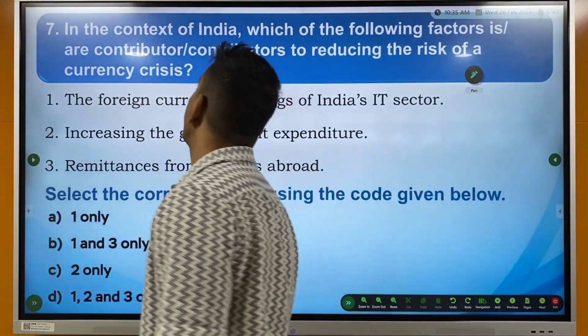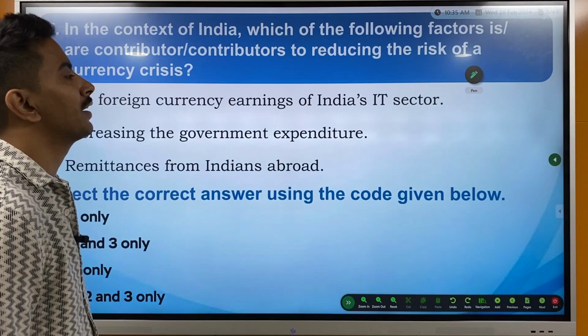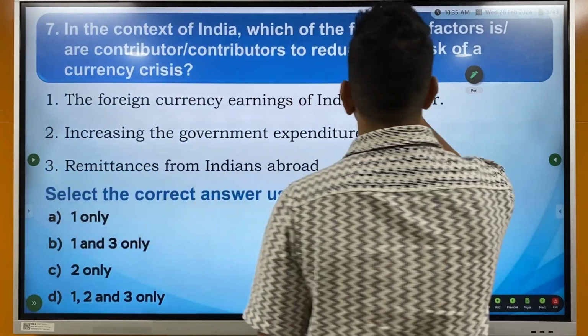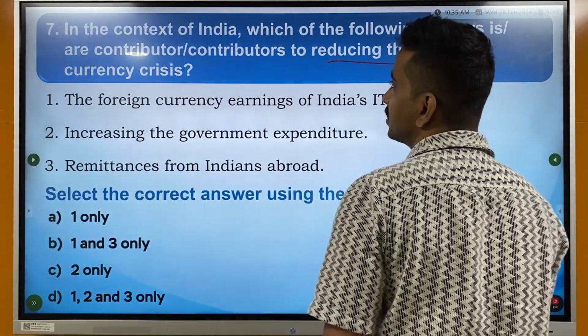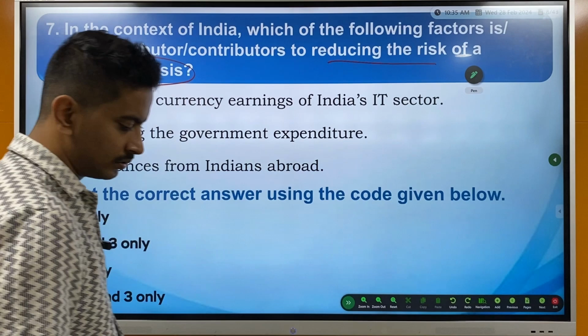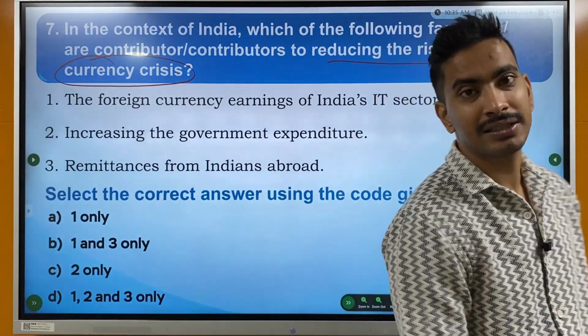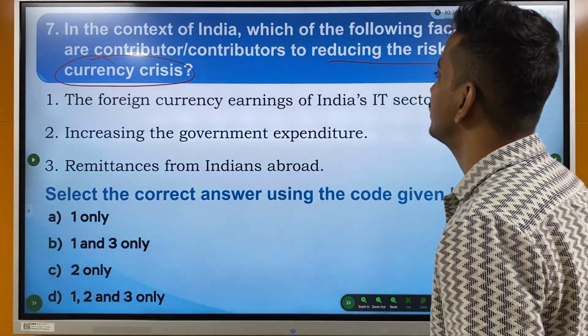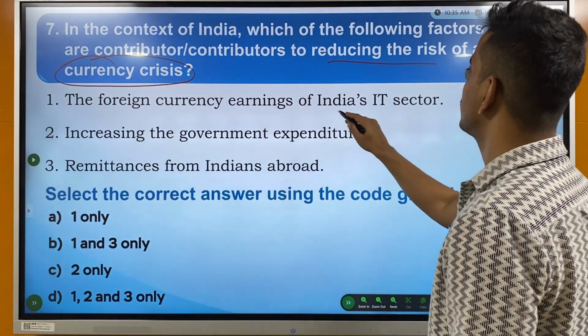In the context of India, which of the following factors is a contributor to reducing the risk of currency crisis? They're asking about currency crisis. First statement: the foreign currency earning of India's IT sector.